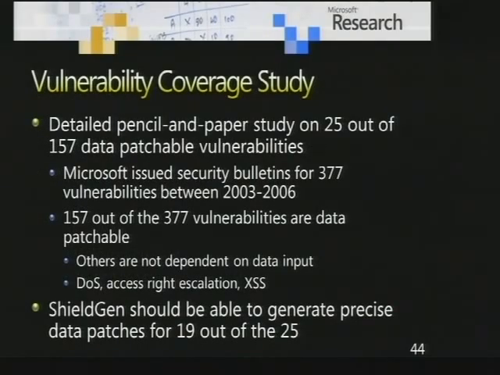And in our evaluation, we did this vulnerability coverage study. We did a pencil and paper study on 25 out of 157 data patchable vulnerabilities. Basically, in a 3-year time frame, Microsoft issued 377 security bulletins.